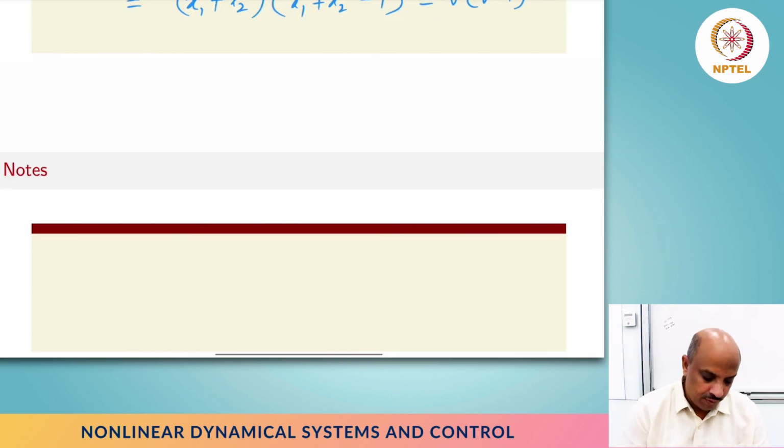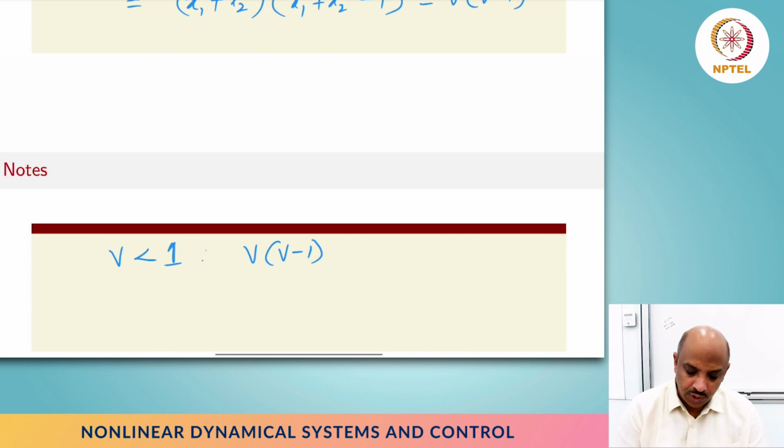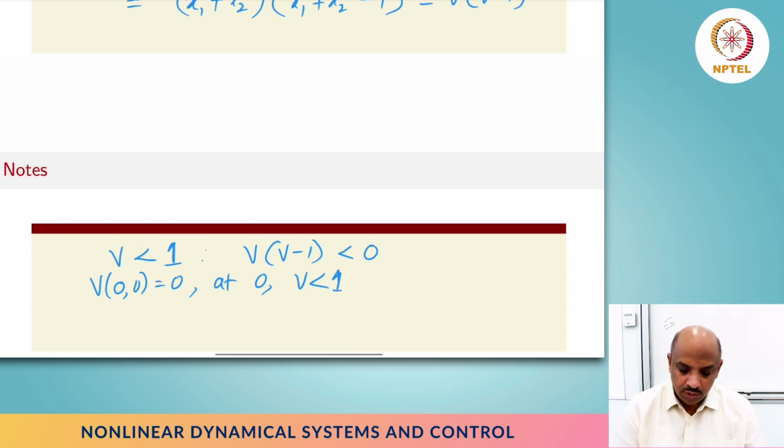So if you are in a region where v is less than 1, then v times (v minus 1) is going to be negative, strictly negative. Right? So clearly v of 0 is 0, so at 0, v is less than 1 anyway. Okay. So that means around the origin you have a region.